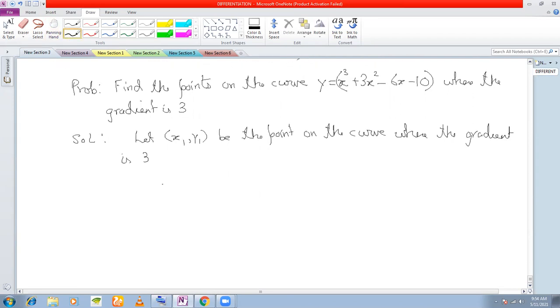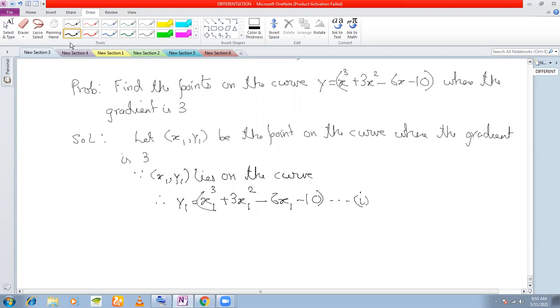Now you know that x1 y1 is on the curve. So since x1 y1 lies on the curve, therefore it must satisfy the equation of the curve. Therefore we must have y1 is equal to x1 cube plus thrice x1 square minus 6x1 minus 10. Call this equation number 1.